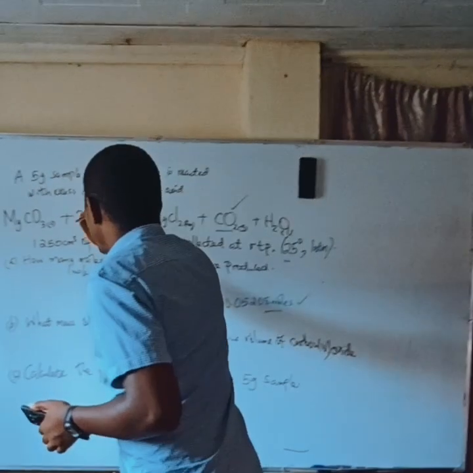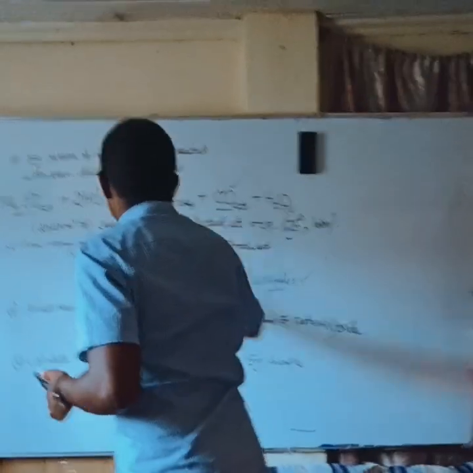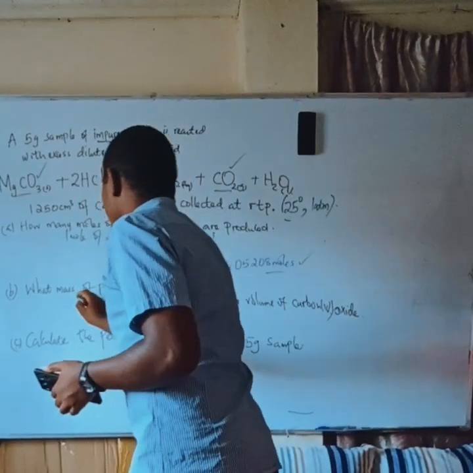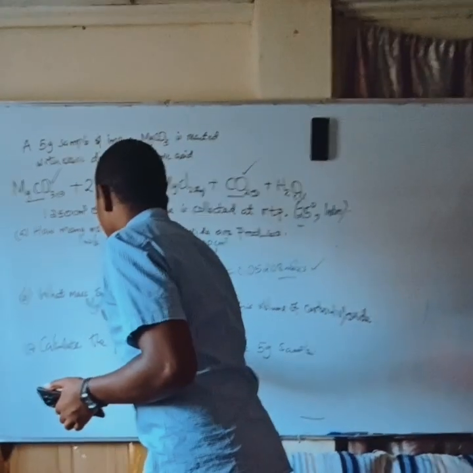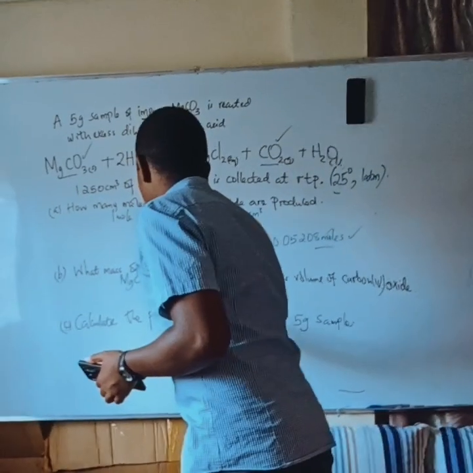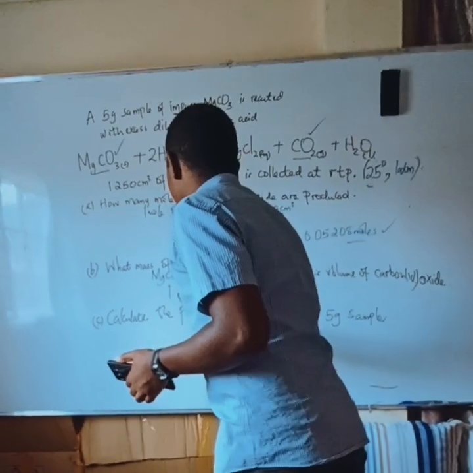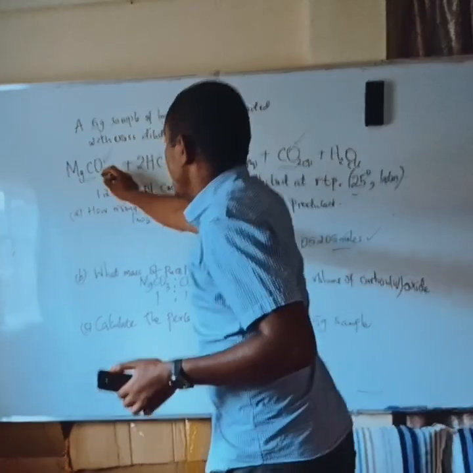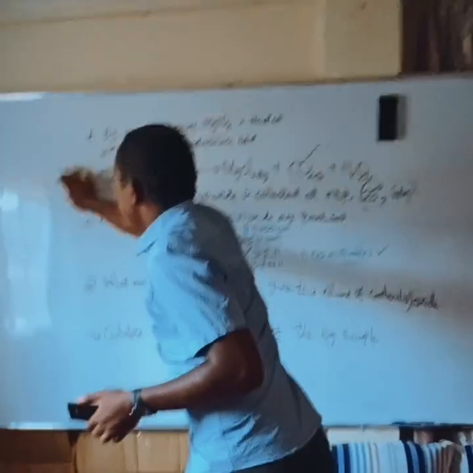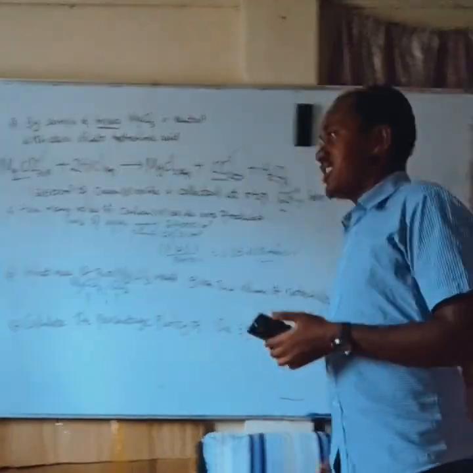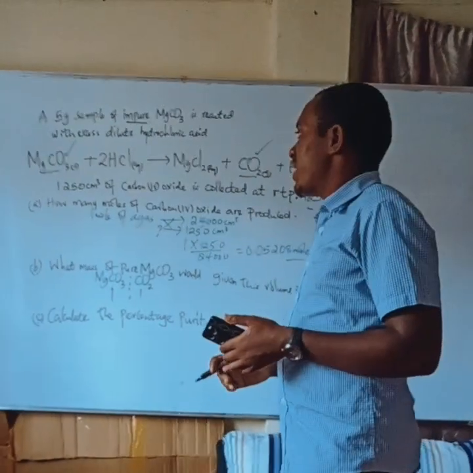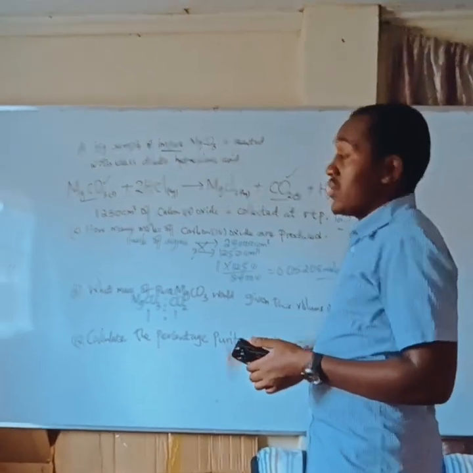Therefore, we use ratios. Magnesium carbonate is ratio 1, carbon dioxide is ratio 1. So the mole ratio of magnesium carbonate to CO2 is 1:1. From the equation, there's no coefficient here. It means that 1 mole of magnesium carbonate gives 1 mole of carbon dioxide.